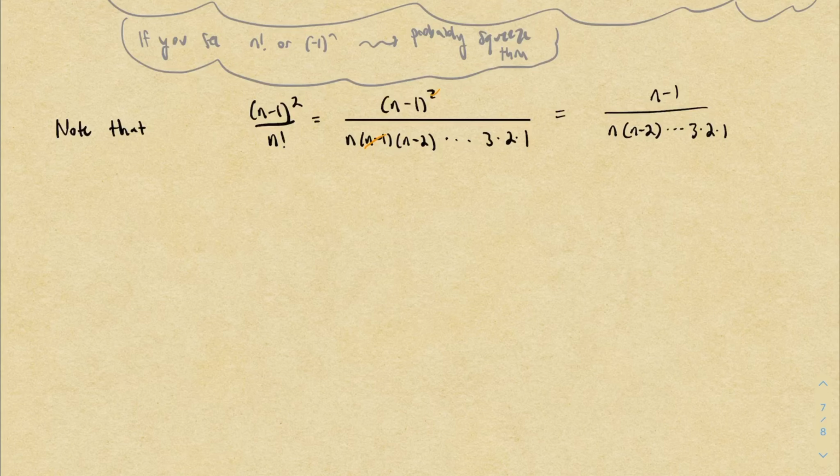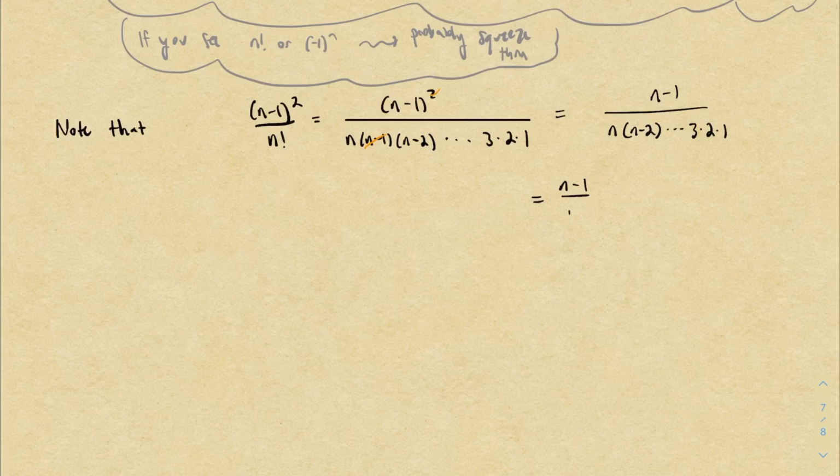On the bottom I have a whole bunch of stuff: n-2, all the way down to 3 times 2 times 1. So it feels like there's more orders of growth on the bottom than on the top. So I'm thinking maybe I can absorb the growth on top with one of the things from the bottom, and then there will be extra stuff on the bottom to make the denominator big and bring the whole fraction down to 0.